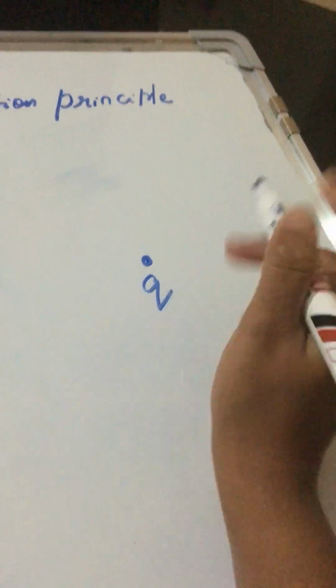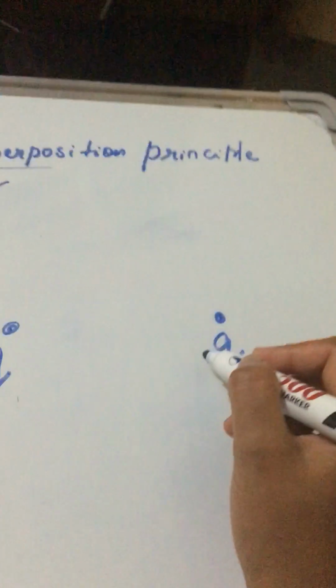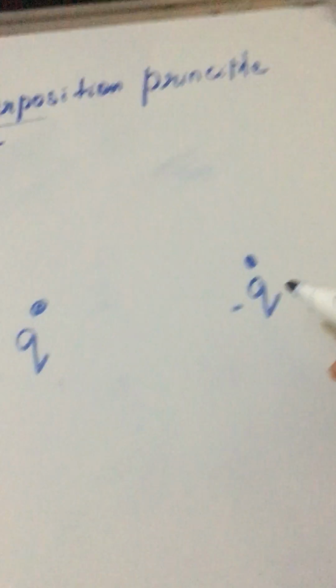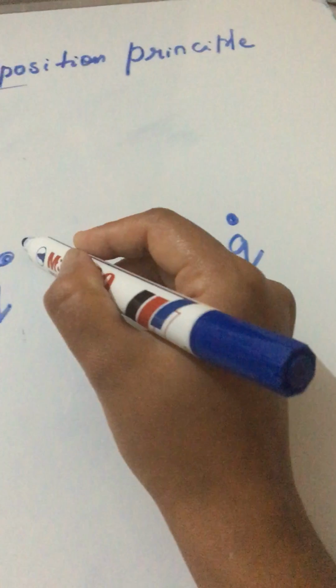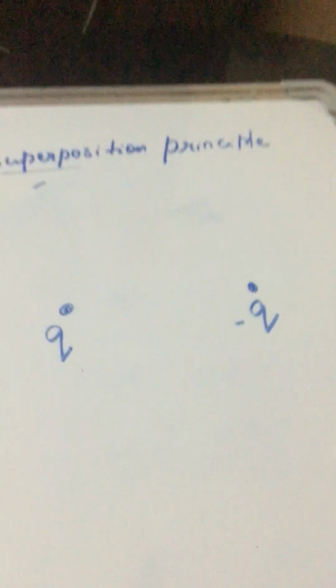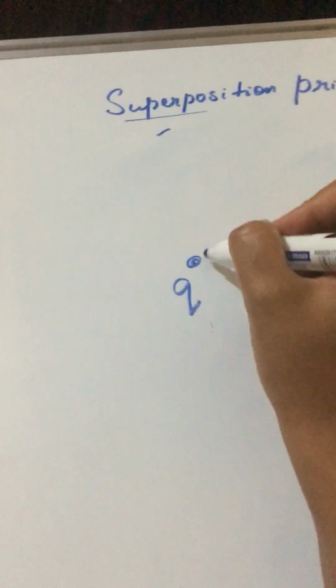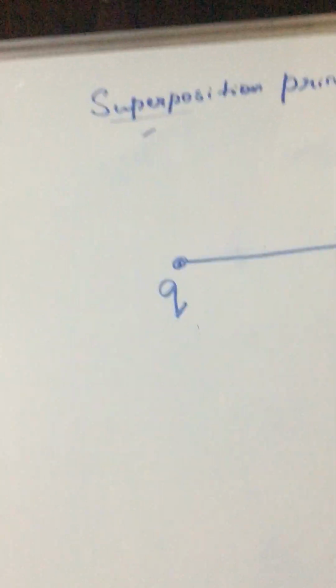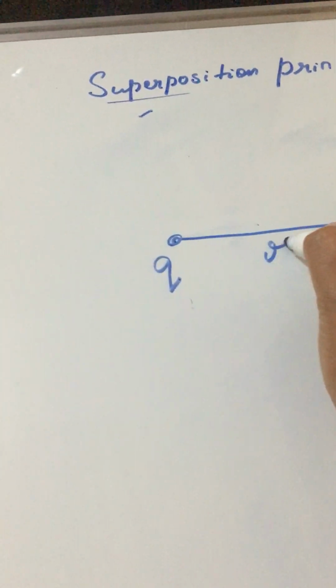Say, 2 charges, q and minus q, and let's say this is given. Suppose they are at a distance of r.